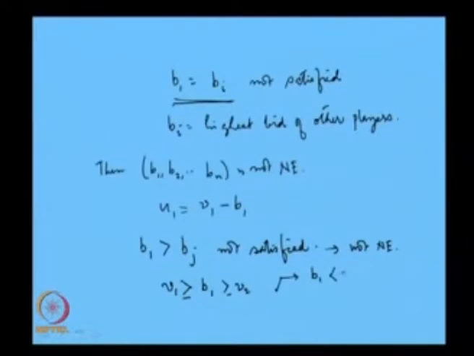V1 is strictly less than V2, and if B1 is less than V2, then that cannot be a Nash equilibrium, because other players, for example player 2, will in that case outbid player 1 and get the object, and as long as his bid is less than V2, he will make a positive payoff.